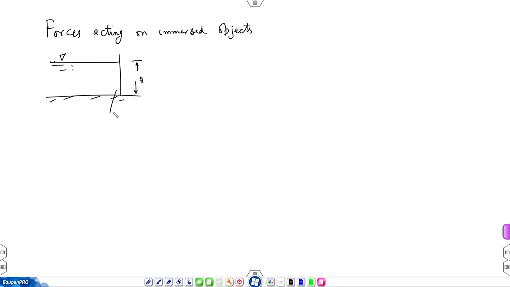On the wall you have pressure variation like this. Let us say this is the z coordinate. Now, you know that calculations depend on how the coordinate system is chosen.